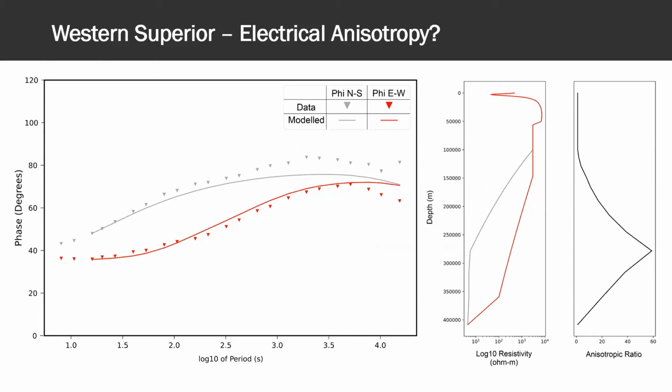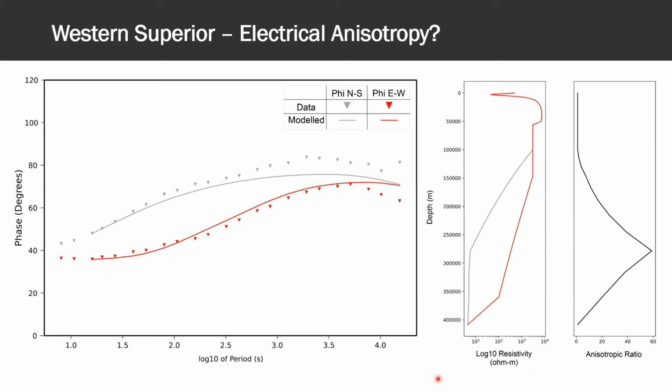And the y-axis you can think of as a proxy for changes in resistivity. Phase values less than 45 mean that the resistivity is increasing with depth, and phase values over 45 mean the resistivity is decreasing with depth. And we see these curves for the 2 modes, so along the most conductive and least conductive direction.